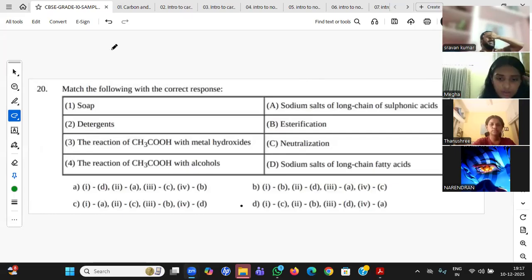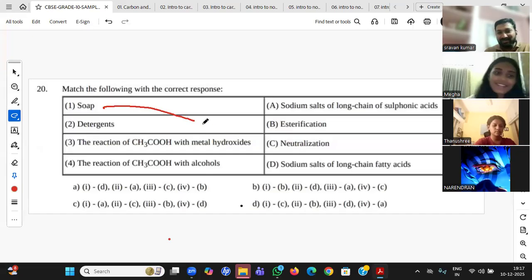Narendran, Megha, Tanushri. Yeah, Narendran, your answer is right. Did I say Narendran? Okay, Avdhan, I was saying. Tanushri, very good student. Megha, what happened, beta? Very good, Megha. Wrong answer.